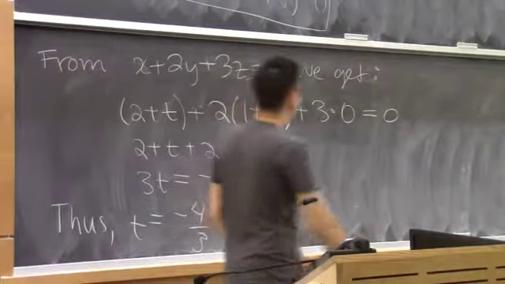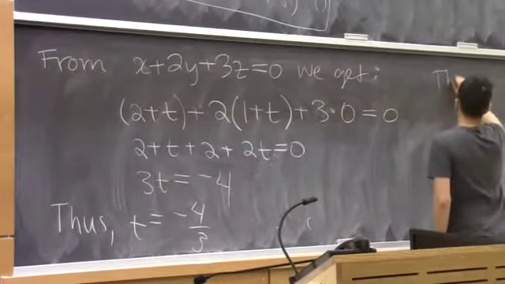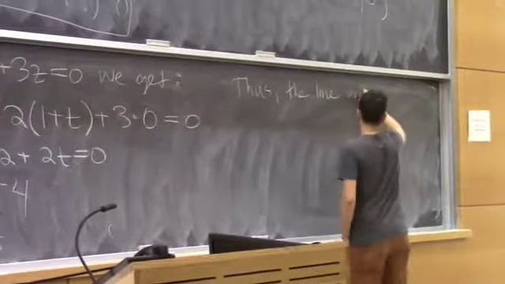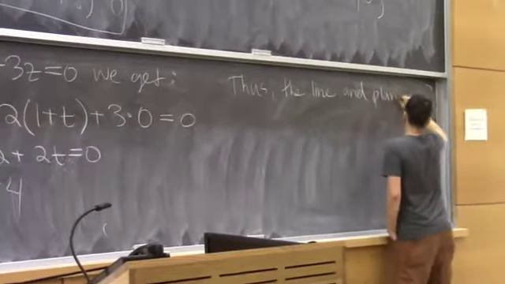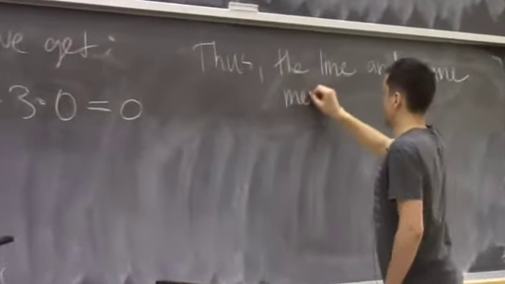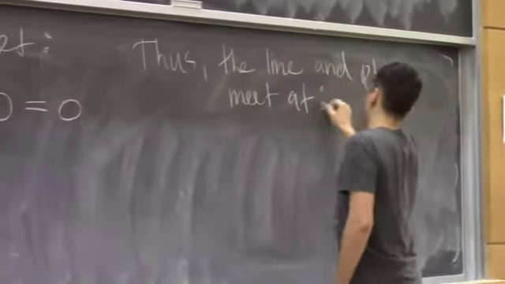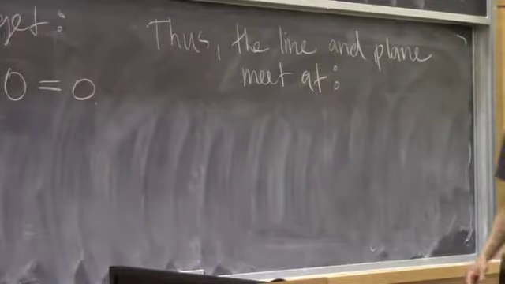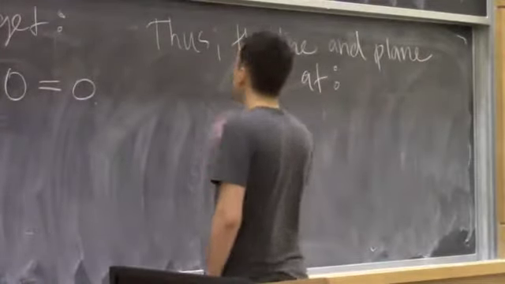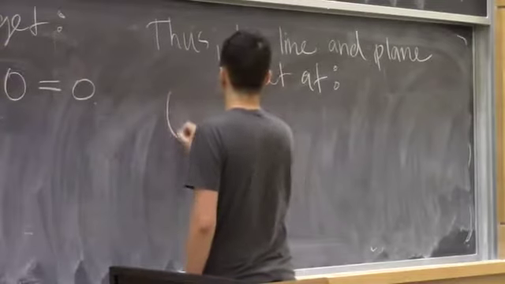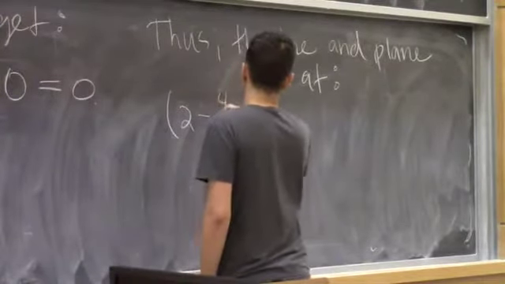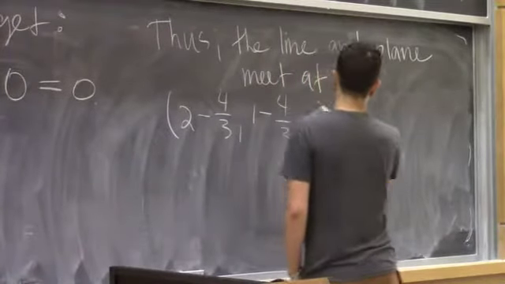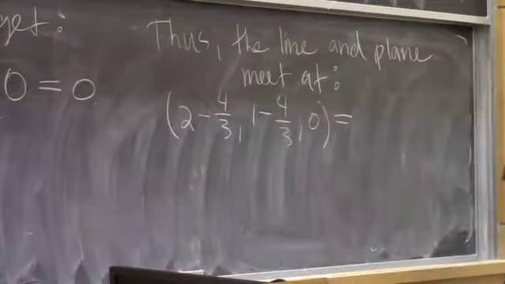Okay, thus the line and plane meet where t is negative 4/3. So that would be like this.